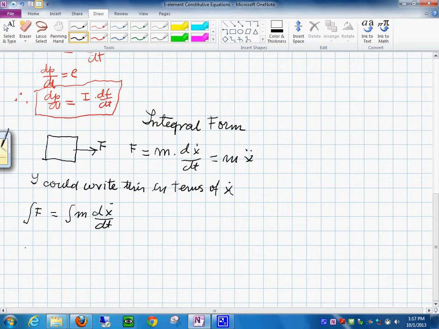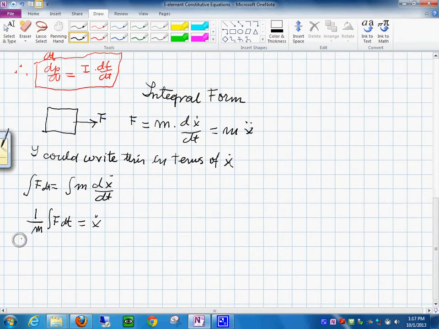You move this to the other side, you have 1 over m times the integral of f dt is going to be equal to x dot. Or if you feel more comfortable, we put it on the left hand side. So let's rewrite the equation a little nicer: x dot equals 1 over m times the integral of f dt.